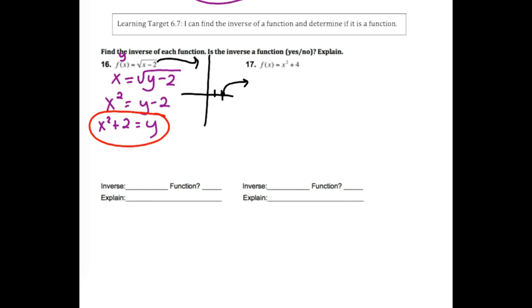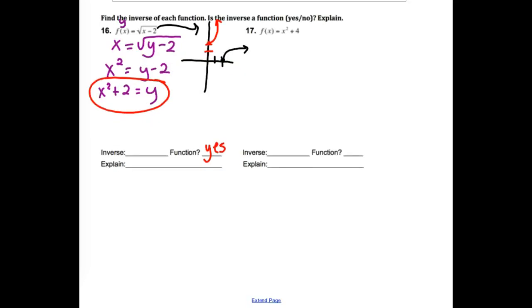But because we only have the positive branch of our square root, we are only going to have the right side of that parabola. So again, looking at the red graph that I just drew, it would pass the vertical line test, so it is a function. My two explanations, I have two possible options.